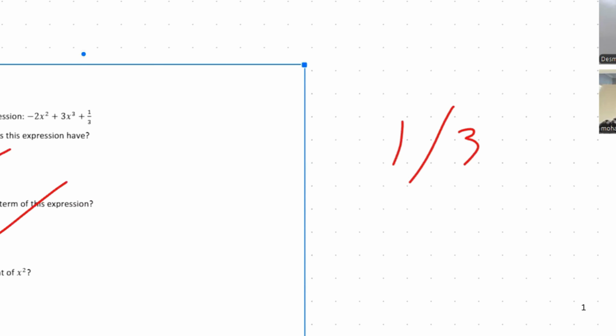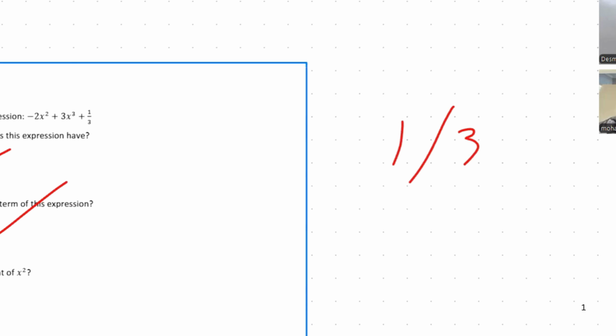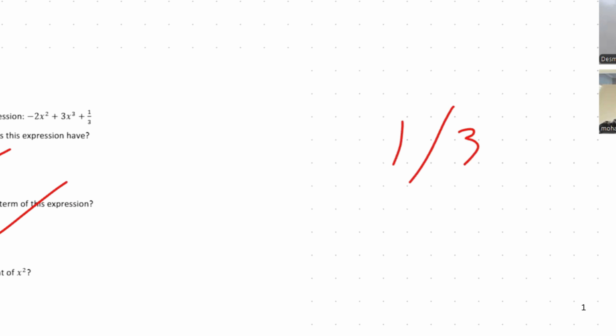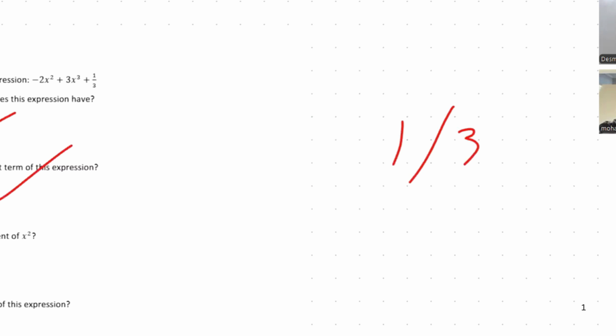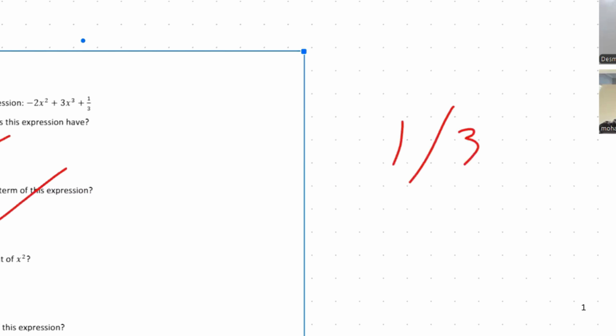Let me mark it so I can move this a little bit up. Because I want us to be able to see the next part. When I move, everything goes up. I'll move them to the questions.